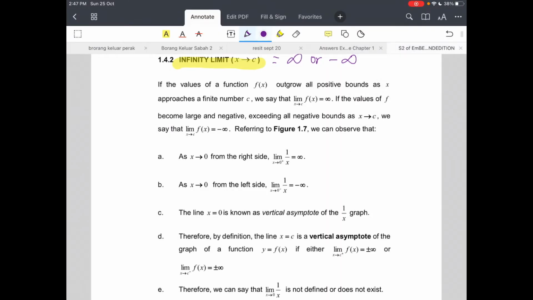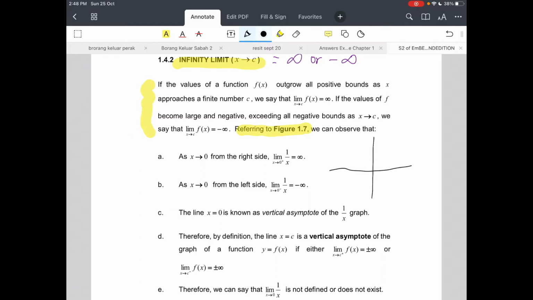Okay, let's go back to here. If the values of, maybe you can read this part first. So here, referring to the same figure 1.7, the same figure just now is the one like this.